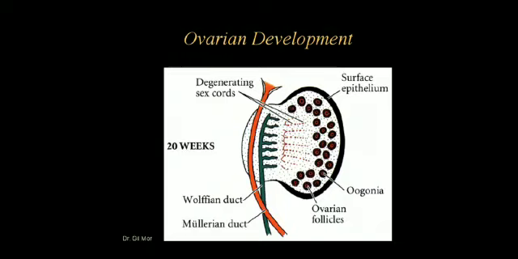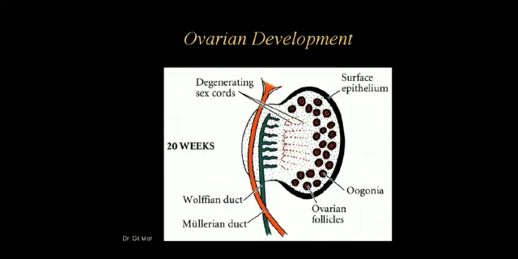So the ovaries develop on each side from the cortical region of the bipotential gland. The coelomic epithelial cells proliferate and form granulosa cells, which surround the germ cells and commit them to oocyte formation.